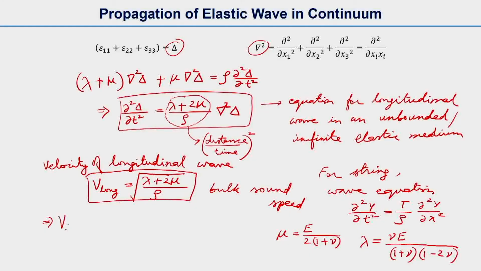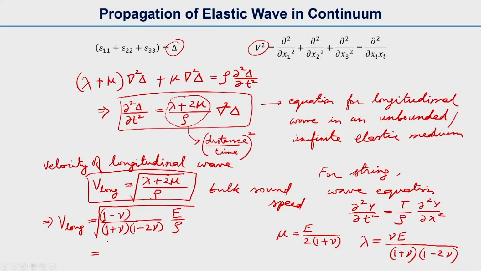Now the longitudinal wave velocity can be expressed in terms of Young's modulus and Poisson's ratio. This will be equal to 1 minus nu divided by 1 plus nu times 1 minus twice nu, and here E by rho, the entire thing we need to take the square root of.